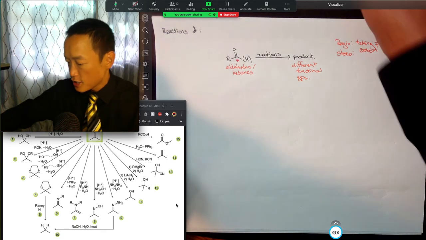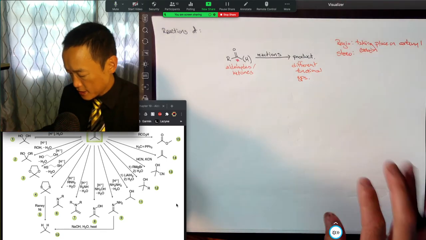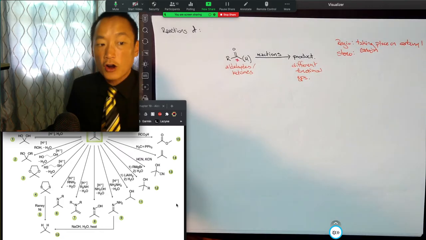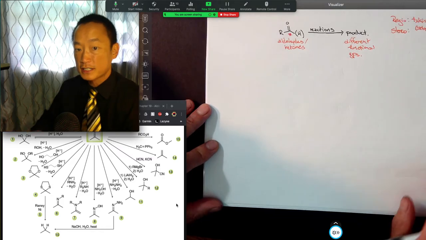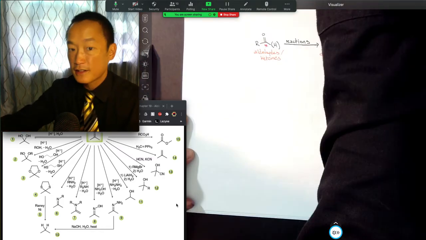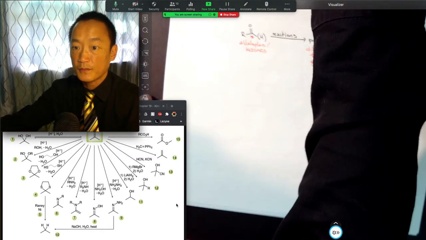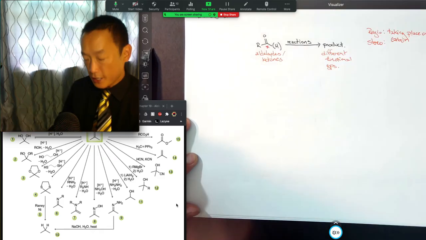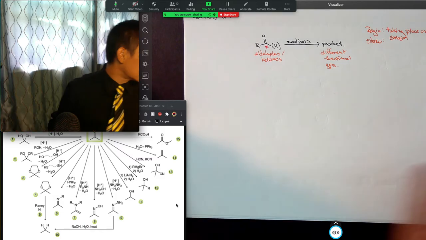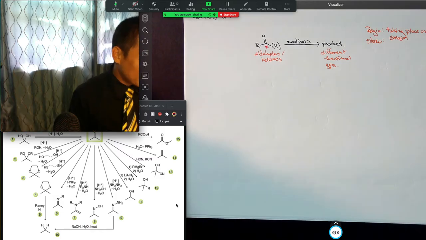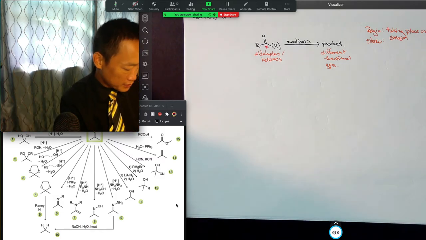So if this is the case, then there are really two different types of reactions that we're going to see take place. And I think we've kind of seen this before. Oh, we did see this before. I'm just going to pull notes from yesterday.